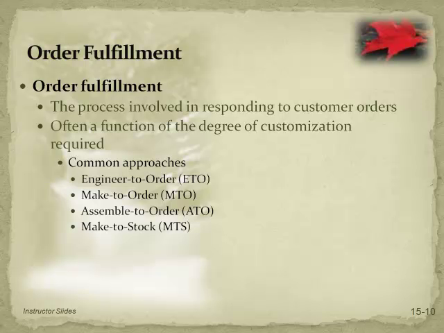All retail companies use a make-to-stock strategy. What that basically means is we have to anticipate our customers' needs, and we have to have their materials in inventory, in stock, before they actually arrive to purchase it.